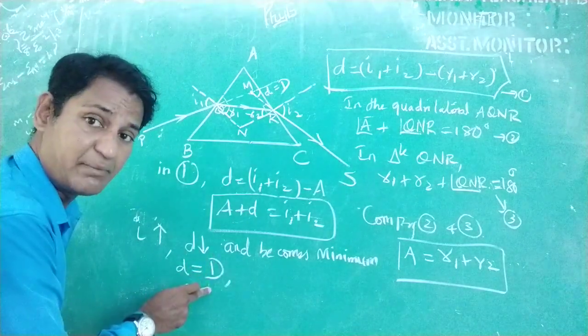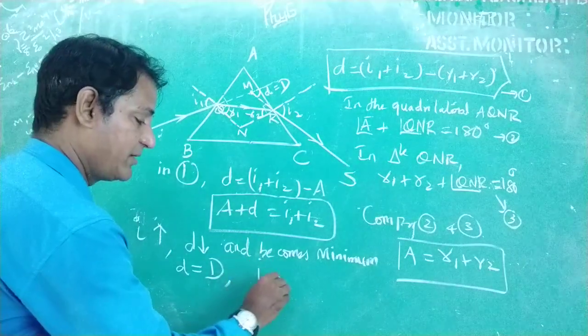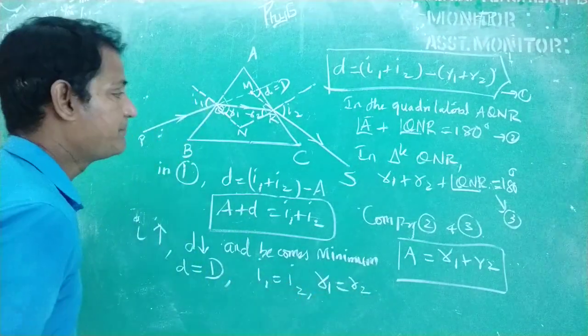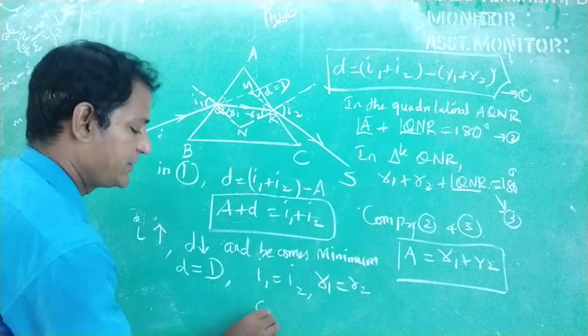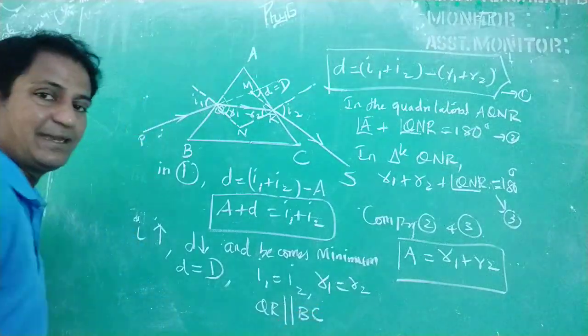At this condition, I1 will be equal to I2, R1 will be equal to R2, and QR will be parallel to the base BC.